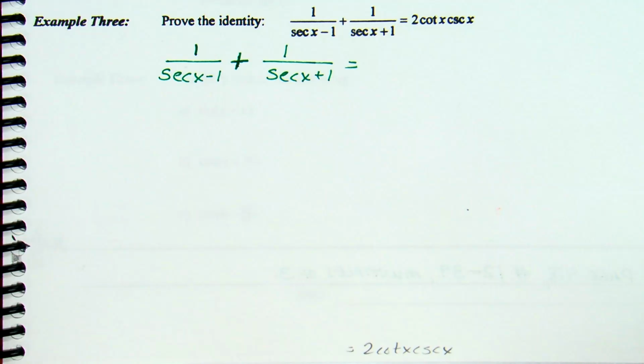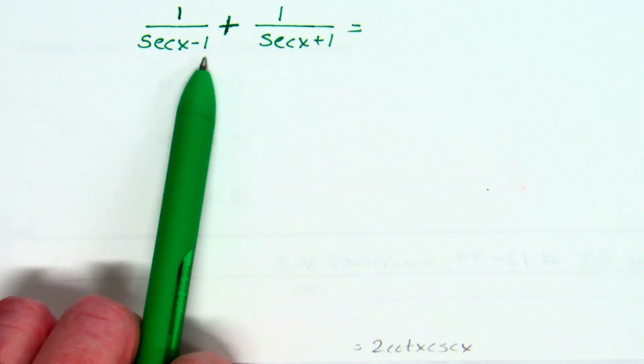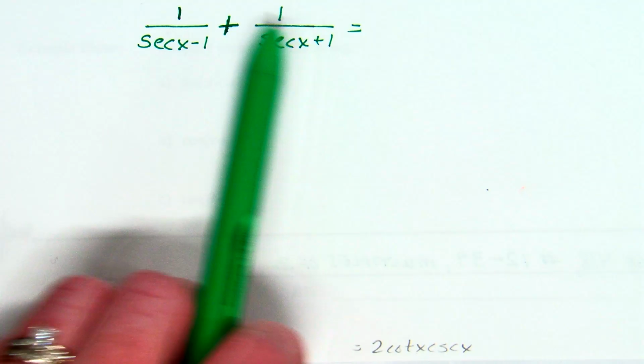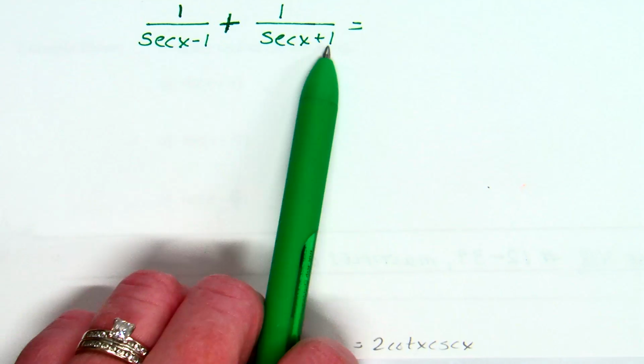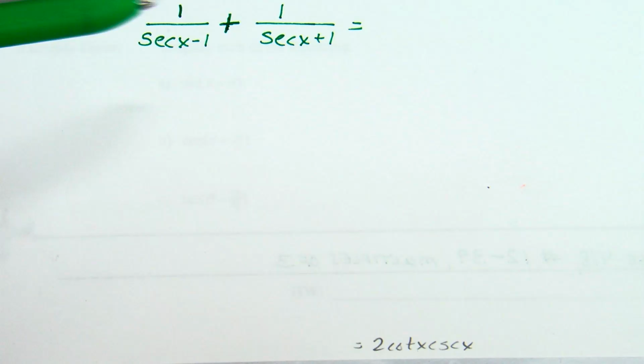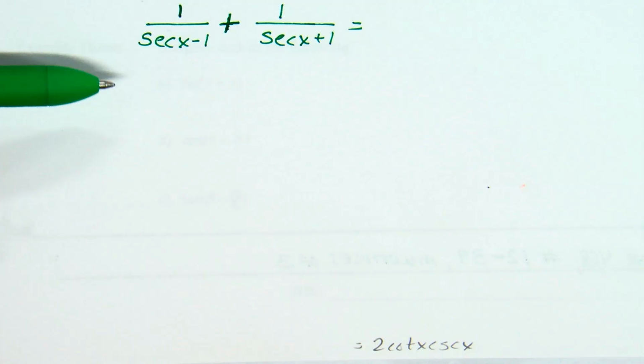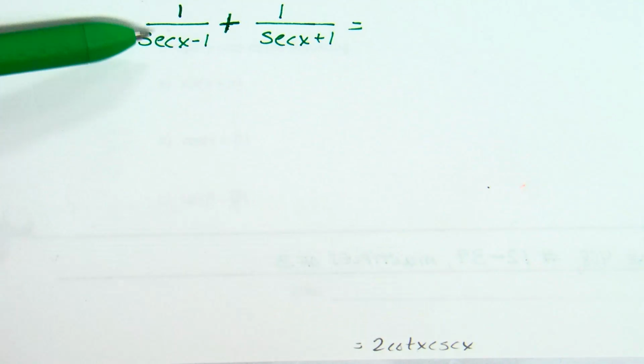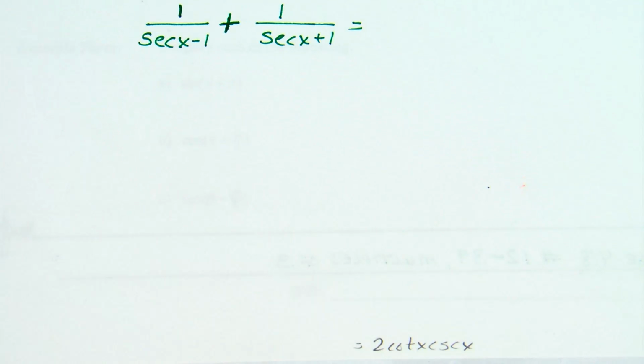That comes from secant x minus 1 times secant x plus 1. So yes, we're going to take these two factors and make them our common denominator. For the first step, I'm just going to write it out as secant x minus 1 times secant x plus 1. If you want to go ahead and FOIL that together, you can. I will in my next step.